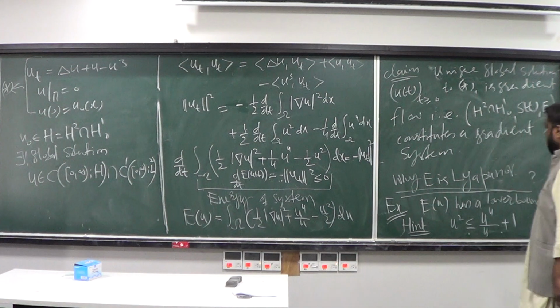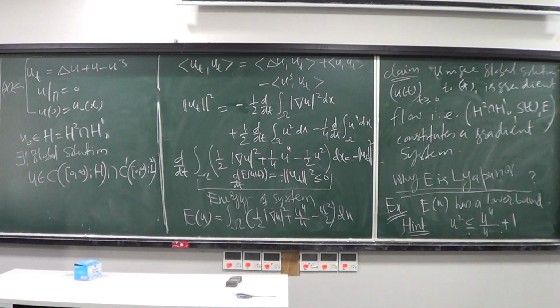Use this Young's inequality and try to find a lower bound for E of u. It's not a difficult thing to do. This is going to show that your E is Lyapunov.